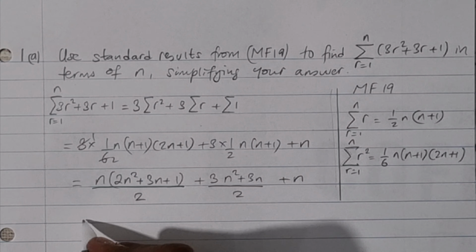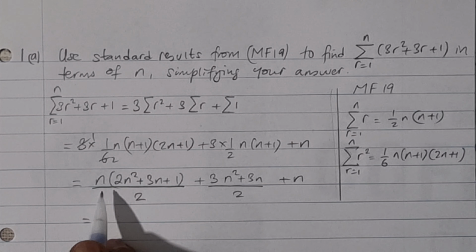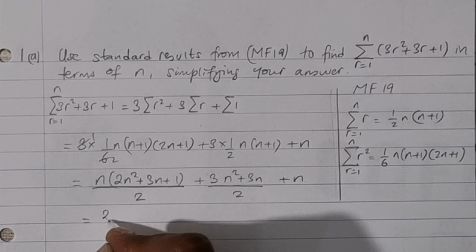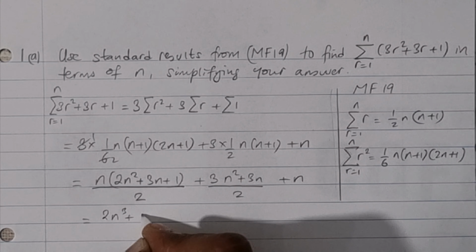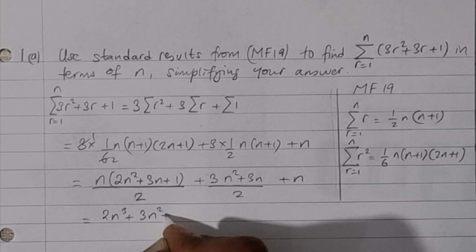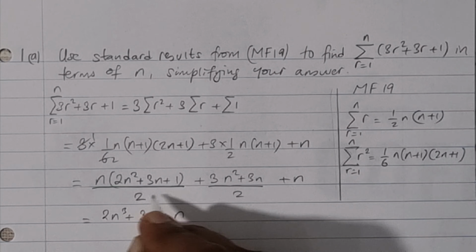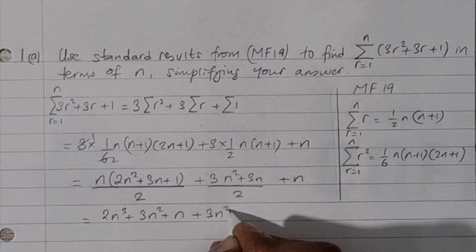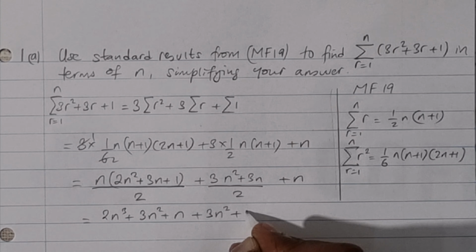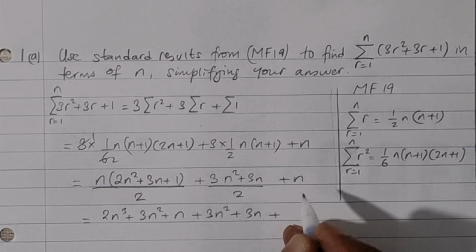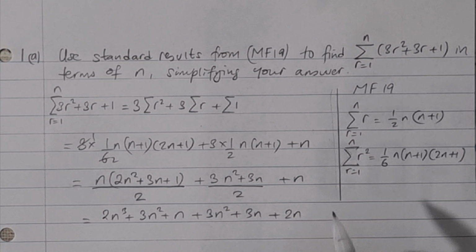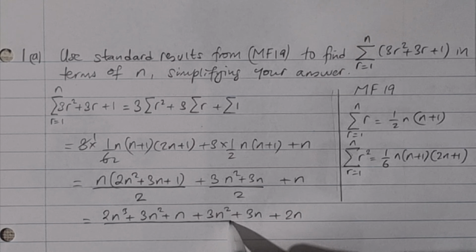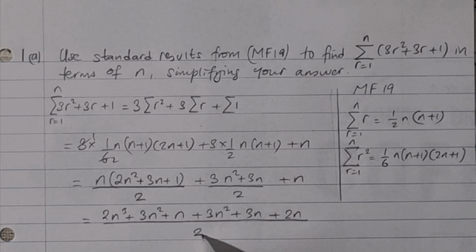So simplifying further, I get 2n times n squared is 2n to the cube plus 3n to the square plus n, the same denominator over here, plus then 3n to the square plus 3n, plus, if I were to put this over 2, it's going to become 2n over 2. So then I can take all of that and divide it by 2.